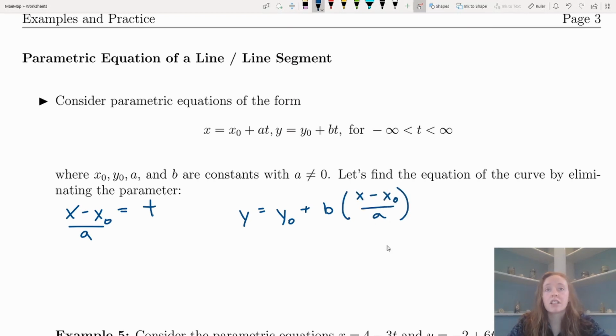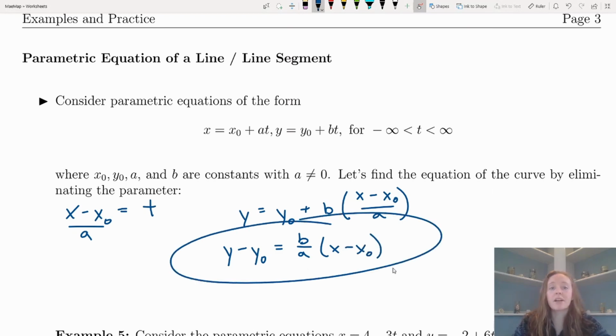Now if I simplify this down a bit, think about this. What if I did y minus y naught equals, if I combined my b and a, b over a times x minus x naught in those parentheses. What does this look like?